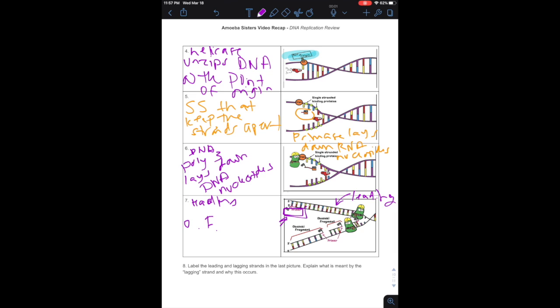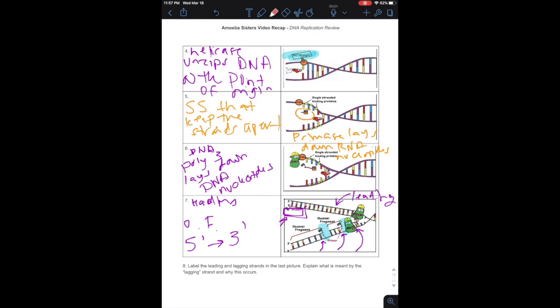Because DNA polymerase can only build in the 5' to 3' direction. So the RNA primase had to put several primers down, which creates fragments, Okazaki fragments, instead of having one long continuous strand.